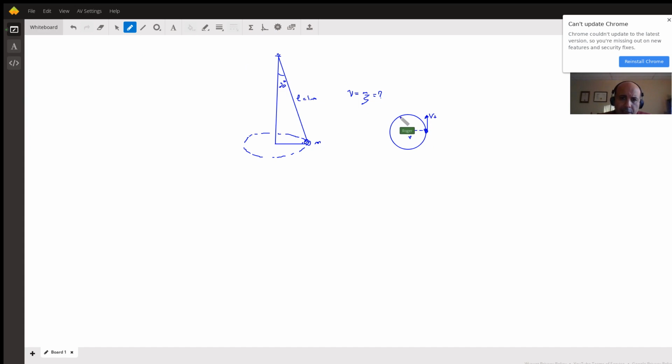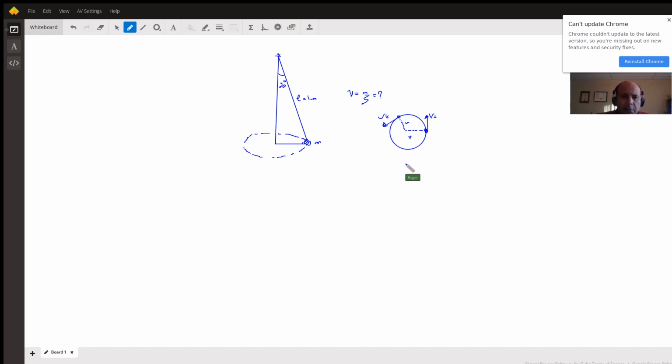And if the ball was here, we still have the same radius r, and the velocity will be like this. It's a vector, and it's called tangential velocity because the vector is tangent to the circle at this point. That's why it's called tangential velocity.